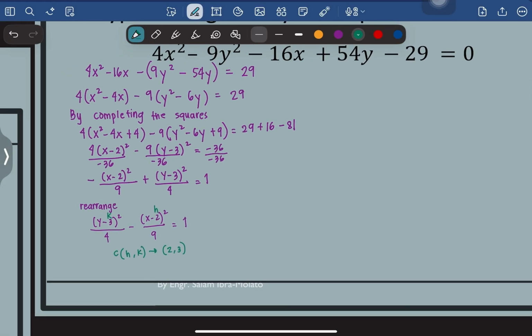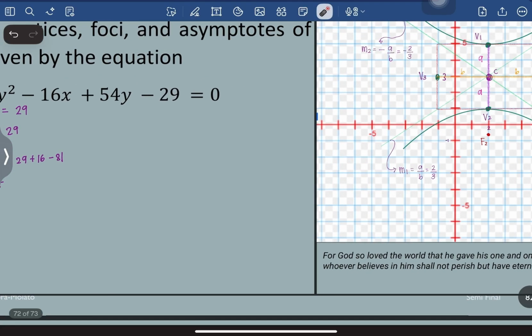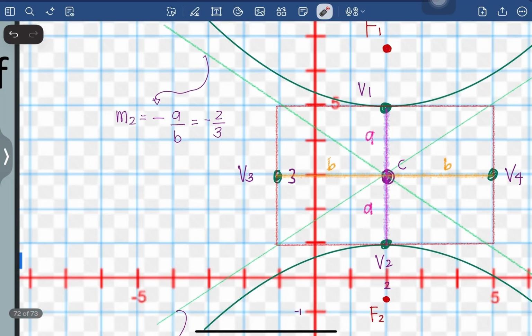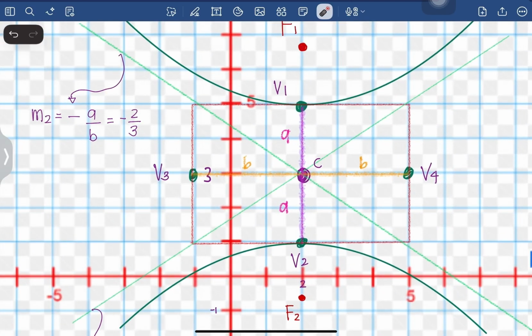To graph this, it is on quadrant 1. So, this is the center. 2, 3. So, 2 units away along the x-axis, then 3 units away along the y-axis. So, this is 2, 3 at quadrant 1.